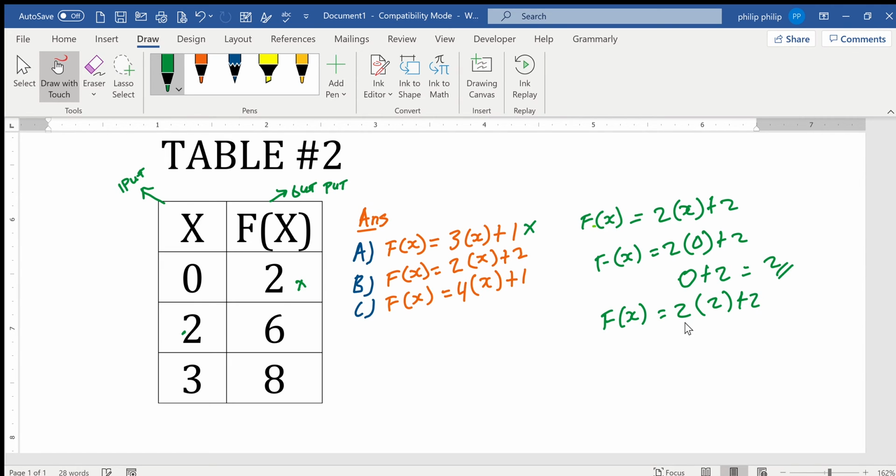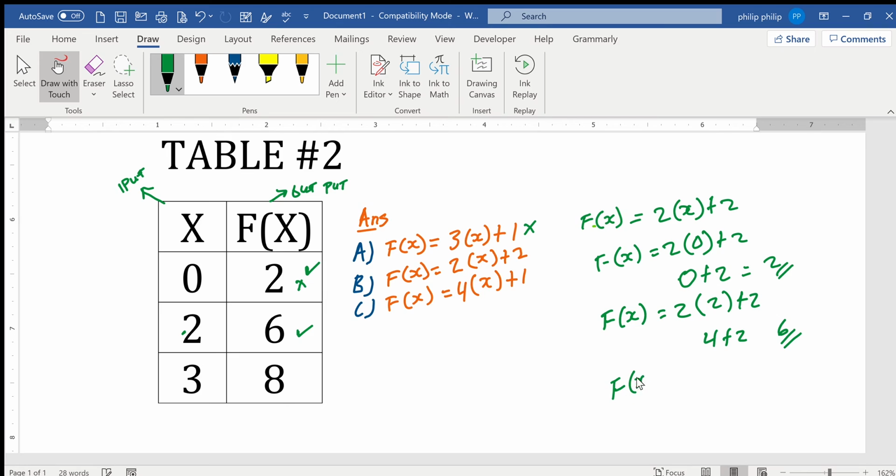So 2 times 2 is 4, plus 2 is 6. So yes, it satisfies our next output. It satisfies our first output because we had 2 and the next one is 6. That means it satisfies our next output.